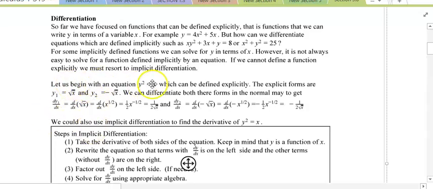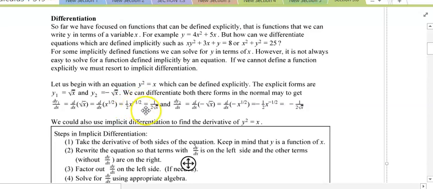Okay, so if we were to differentiate y1 is equal to root x in the normal way we did with explicitly defined functions, then d dx of y1 becomes d dx of radical x, which using our power rule gives us 1/2 x to the negative 1/2.